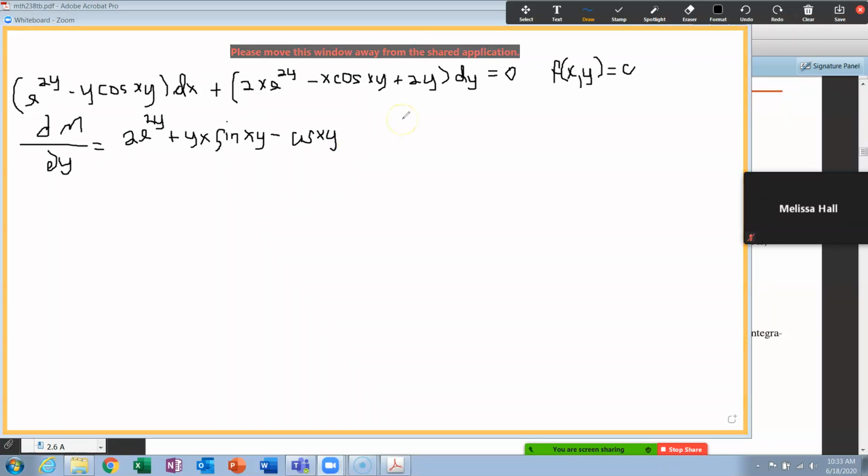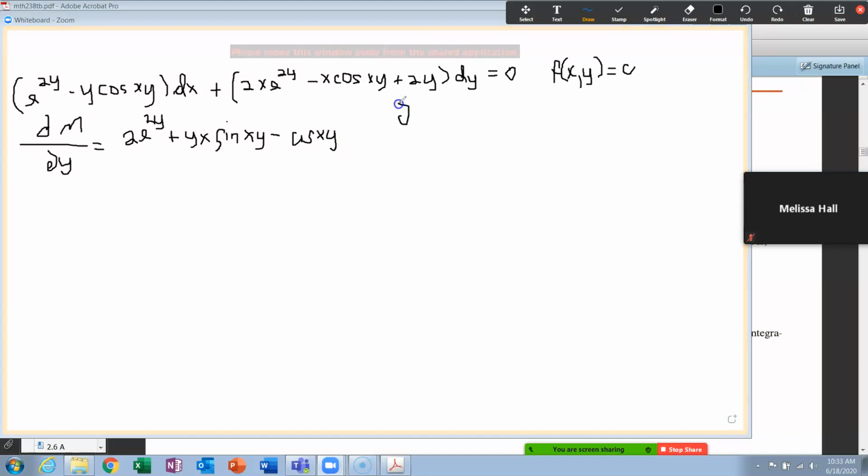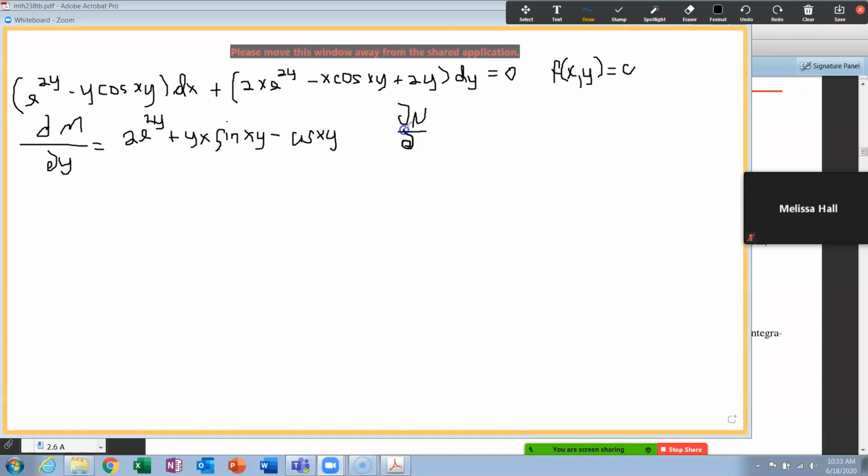Now we do the same thing over here, but take the partial, this is our test, of N with respect to x, the other variable. That really is a curly d. And what's that? The partial of this one with respect to x.